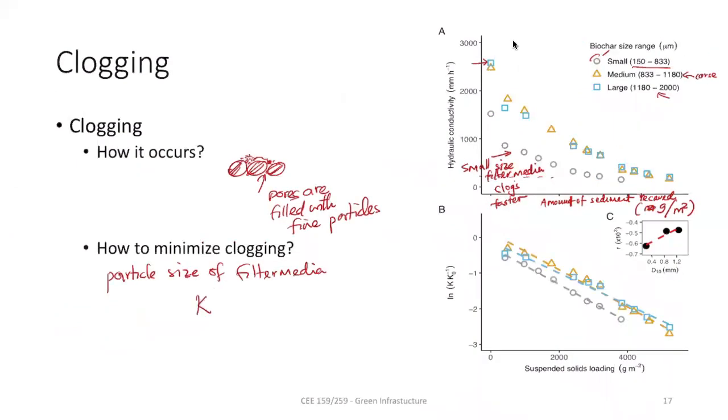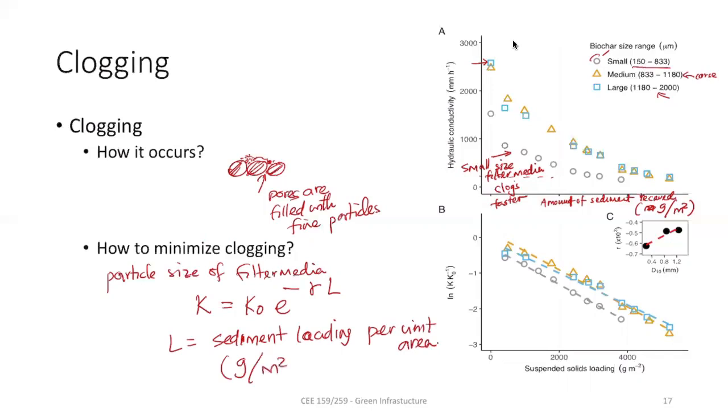If your initial hydraulic conductivity is K0, you can calculate K at any time by K = K0 e to the power minus R L. L is sediment loading, which means how much sediment per unit area. The unit is grams per square meter in SI units. K0 is the initial hydraulic conductivity, what it started with, and then it decreases exponentially.